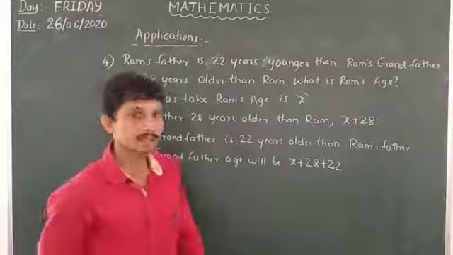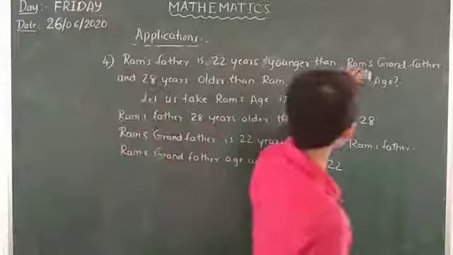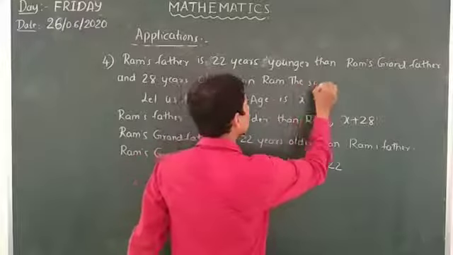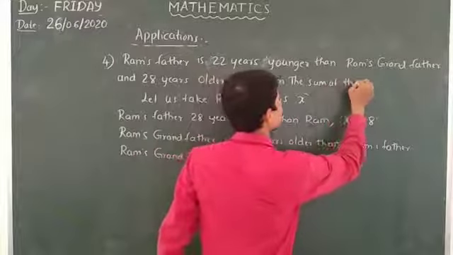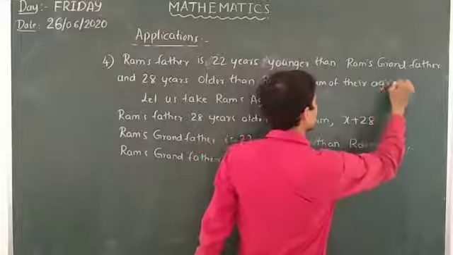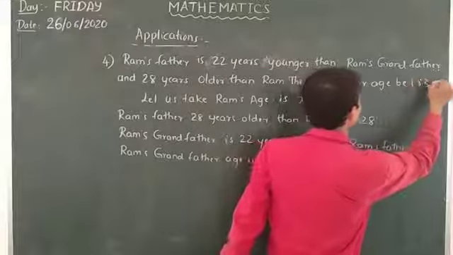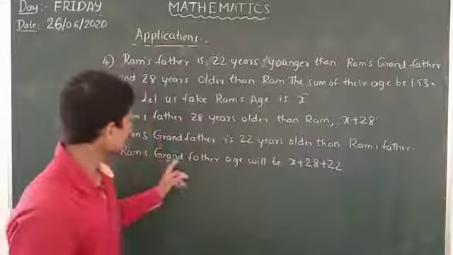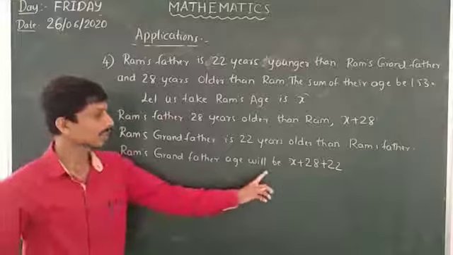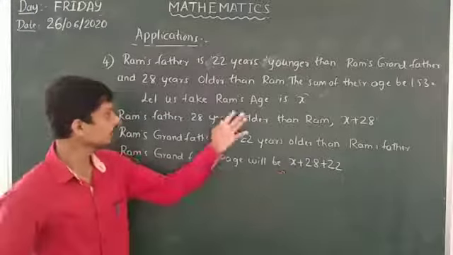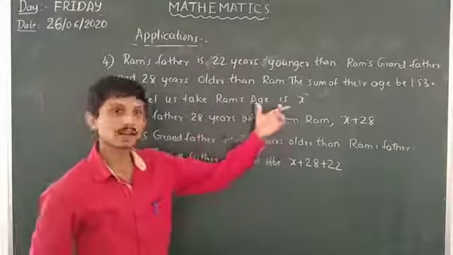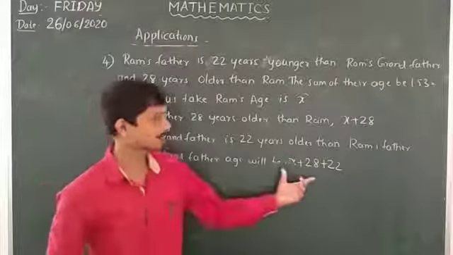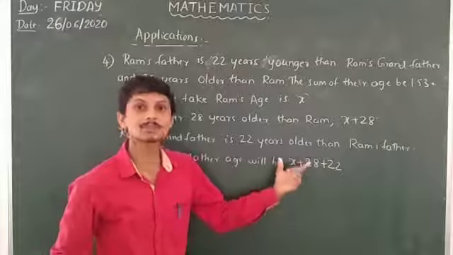The sum of their ages is 153. So we have Ram's age x, Ram's father's age x plus 28, and Ram's grandfather's age x plus 28 plus 22.